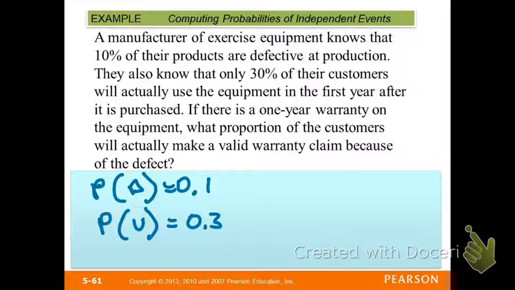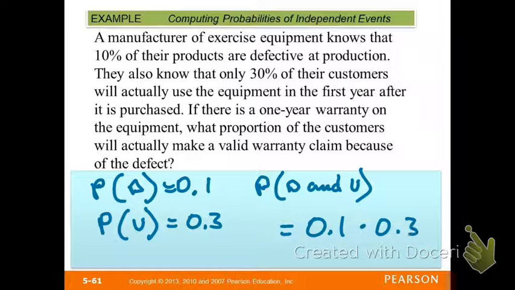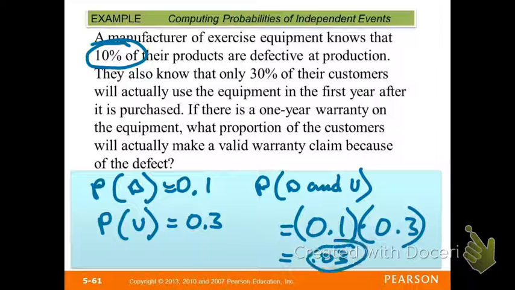Okay, so the probability that a valid warranty claim will be made, the probability of a defect and use, is going to be equal to 0.1 times 0.3, the probability of the two things happening, and that's going to be 0.03, which is interesting, right? 10% of their products are defective, but only 3% are ever going to come back because most exercise equipment never gets used or doesn't get used enough to discover the defect.